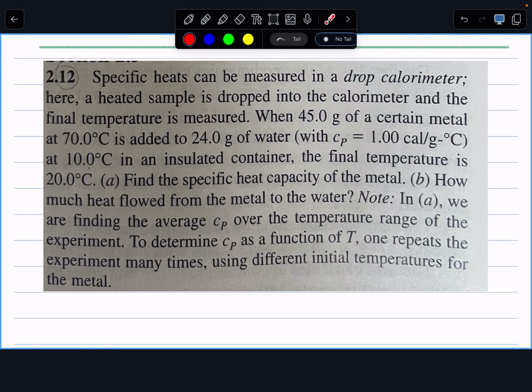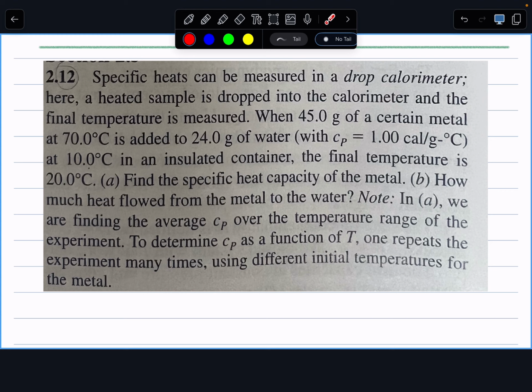The first part of the question asks us to solve for the heat capacity of the metal, and we get C metal equals 0.107 calorie per gram per degree Celsius.